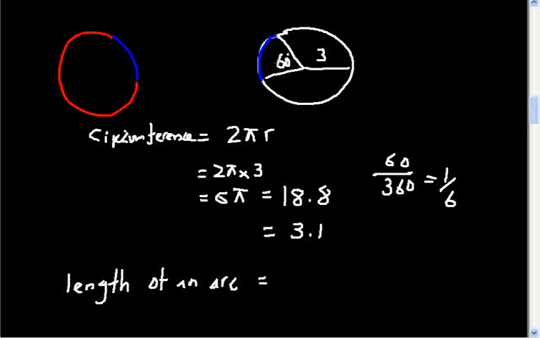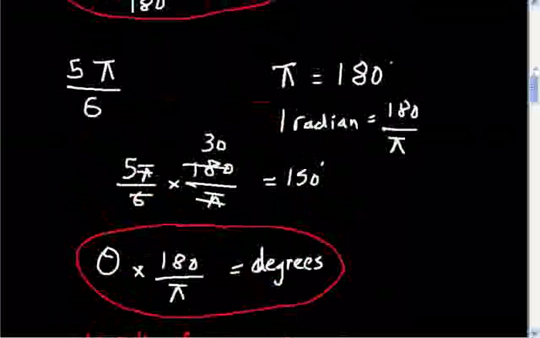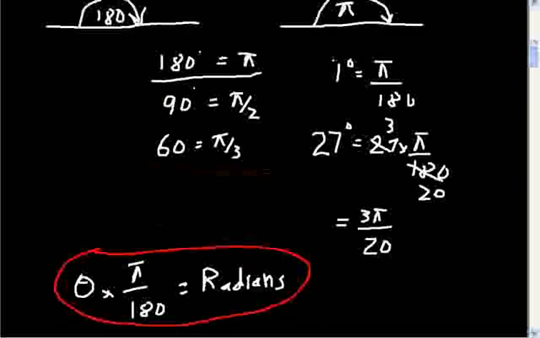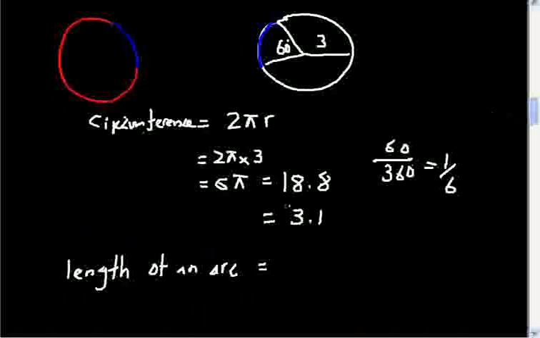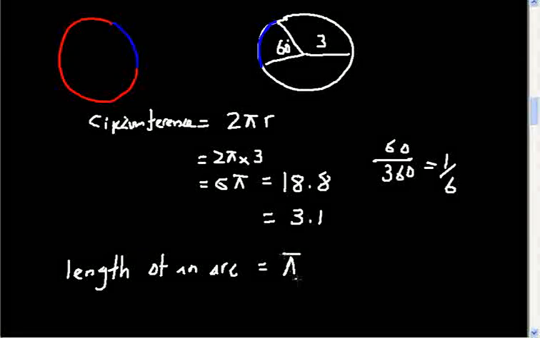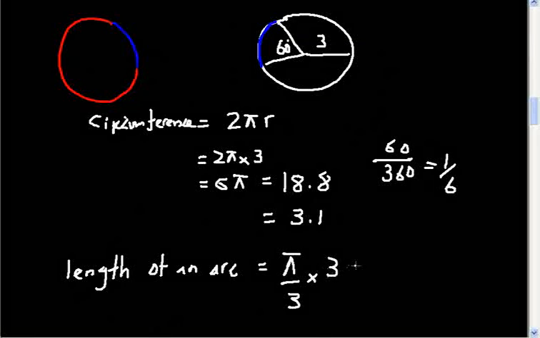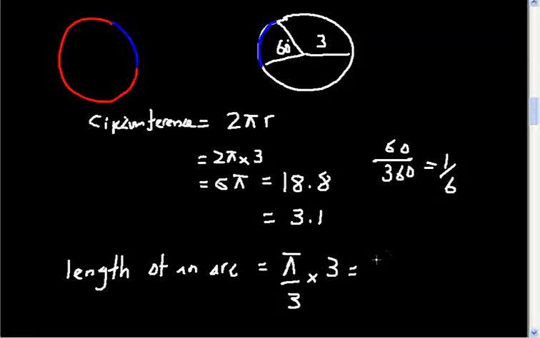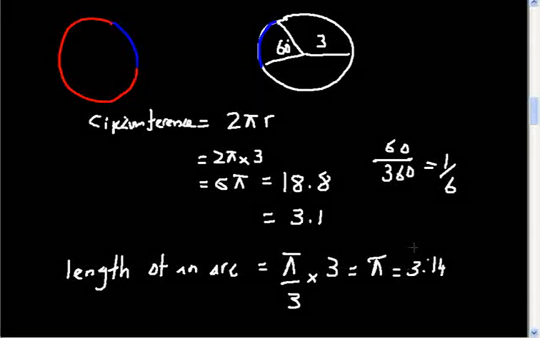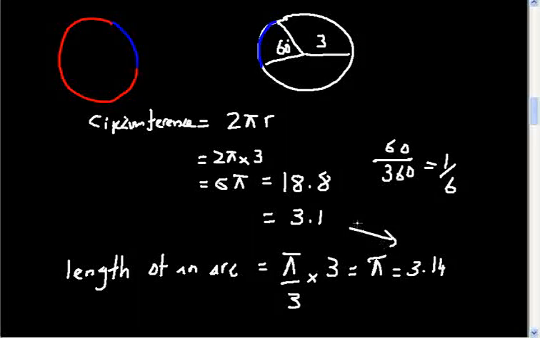The angle is 60 degrees, which in radians is pi by 3. So pi by 3 times my radius, which is 3. I get the length of the arc, which is just pi, approximately 3.14.